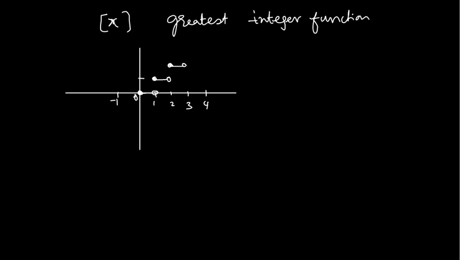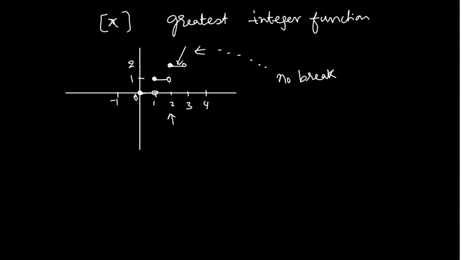But at x equal to 2, there is a hollow here and there is a thick here. This value is 1 and this value is 2. It is having two values. But at x equal to 2, actually whatever is the filled one, that's what it means: f of x is equal to 2.